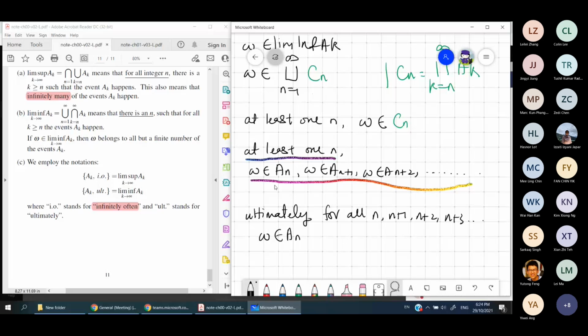Ultimately, for all these n, omega will belong to all of them. So that means this event or this phenomenon will be fixed already, so it will not be changed anymore. So that's why this represents a phenomenon so-called ultimately.